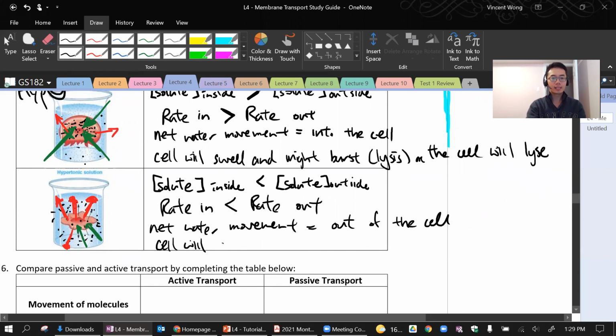The cell will shrink, and we call this plasmolysis.